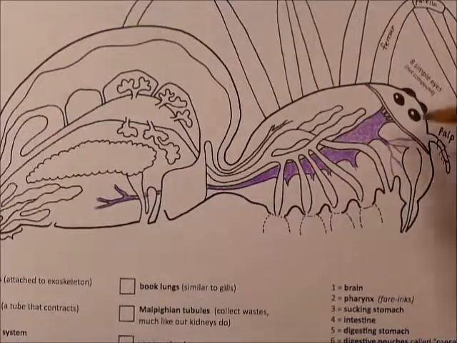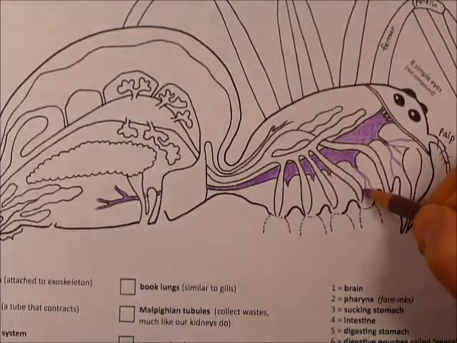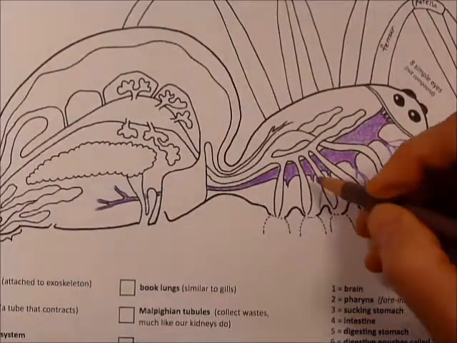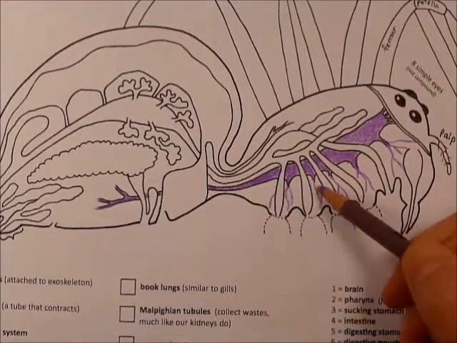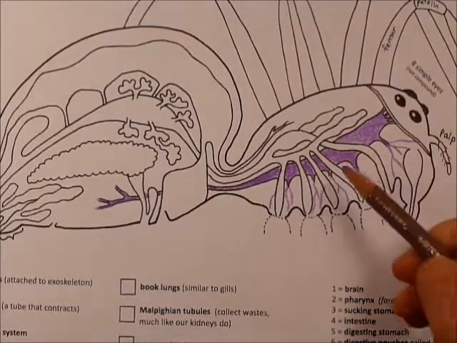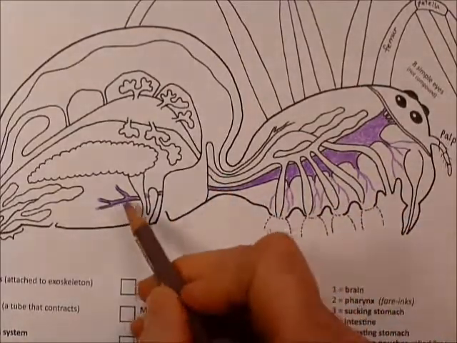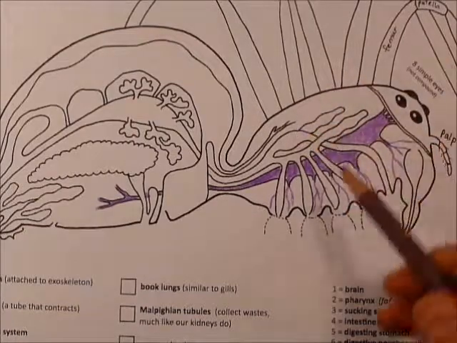Some nerves will go to the palp, and this will be the venom gland. Some nerves go to there. Nerves are going to go out, attached to the legs down here. And then some of them will probably run out here too, but don't worry about that.